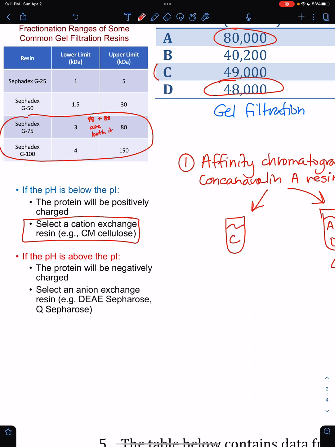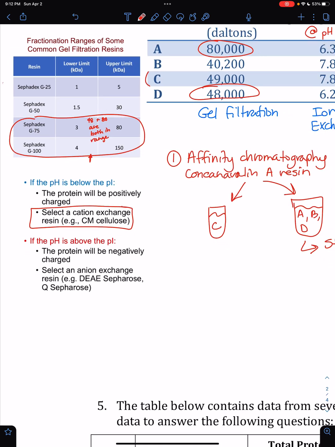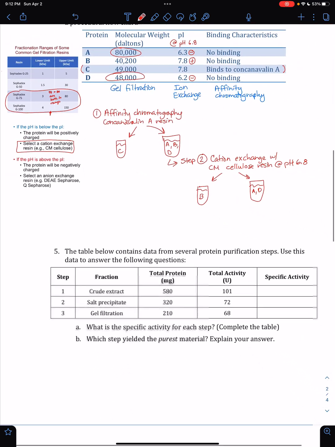What I'm going to do though, because 80 is at the top of the range for G75, I think I'm going to go with Sephadex G100. So both of my proteins are within the range.